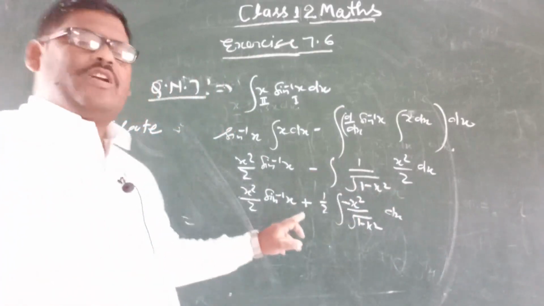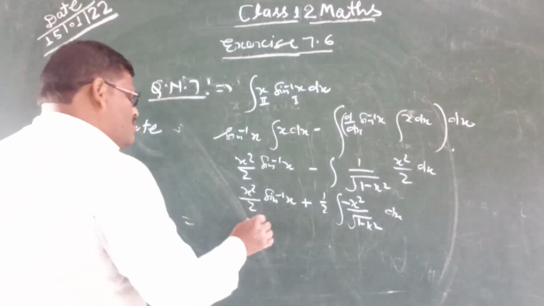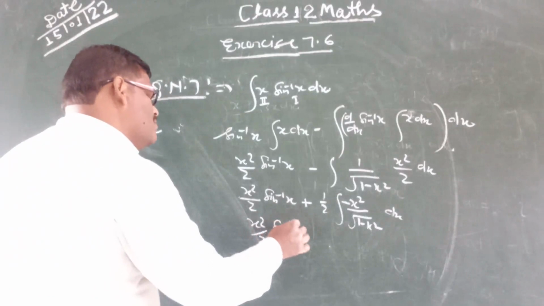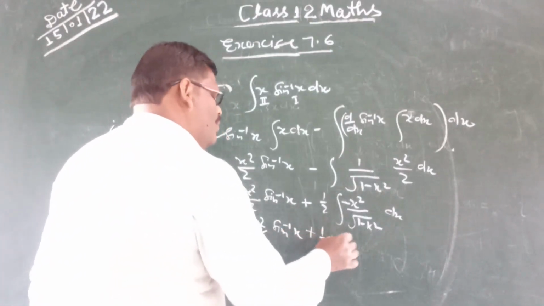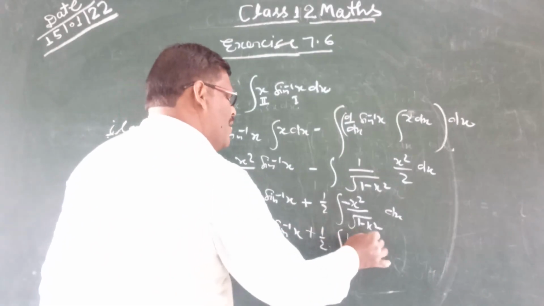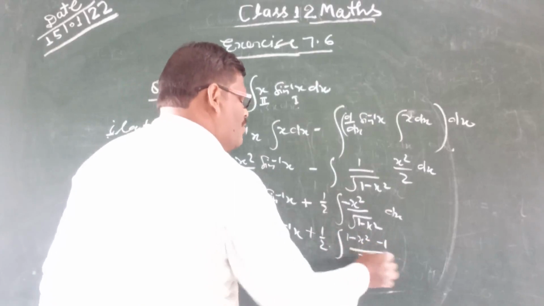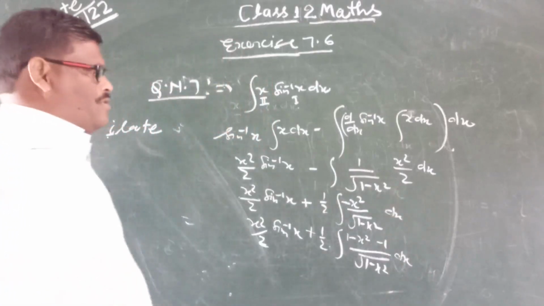As you know, multiplication of plus and minus will be minus. Now x squared by 2 sin inverse x plus 1 by 2 integration of, adding 1, that is 1 minus x squared, and subtracting 1, that is minus 1, by under root 1 minus x squared dx.